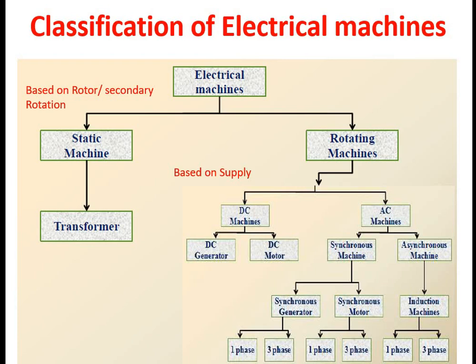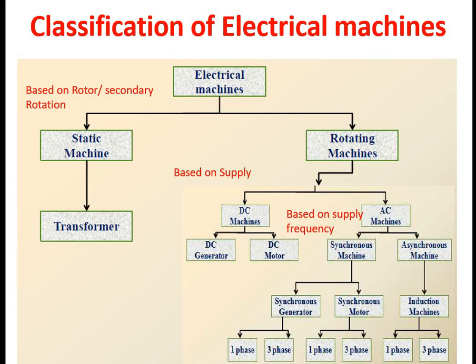Likewise, in AC machines too, we have AC generators and AC motors, but before that we have a very important classification in AC rotating machines, that is based on the supply frequency. A single-phase AC supply can be represented in the form of a sinusoidal waveform.